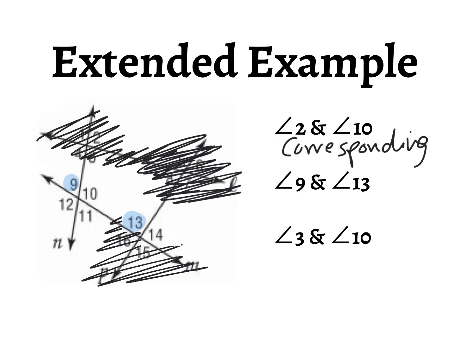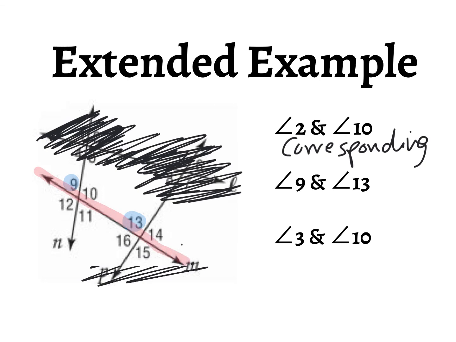I'm just going to make my life easier and forget that they exist. You can cover it with your pencil, you can cover it with your hand, and I'll just look at these two other angles. Notice how 9 and 13 are both above line M. So they're on the same side already. And they're both on the left of the other two lines. So same side, same side. So here's another example of corresponding.